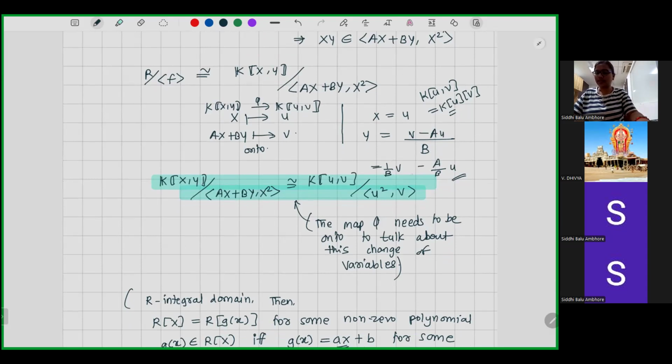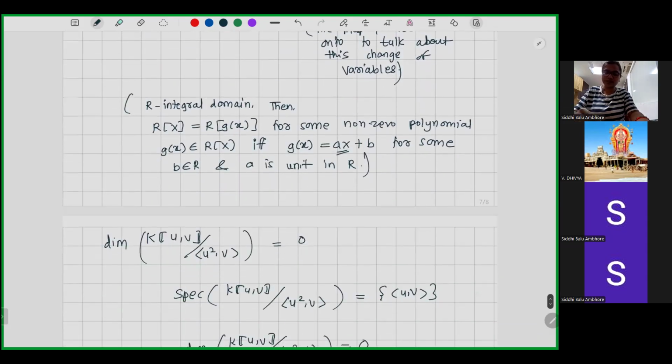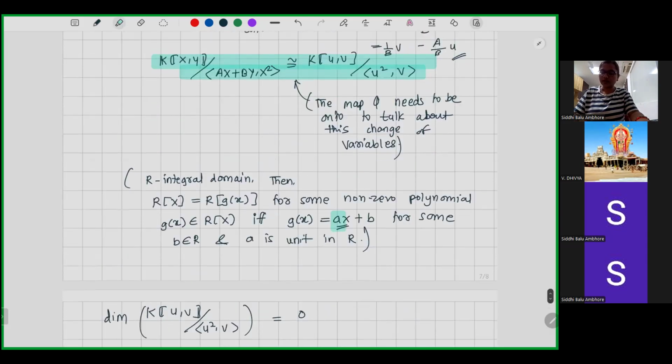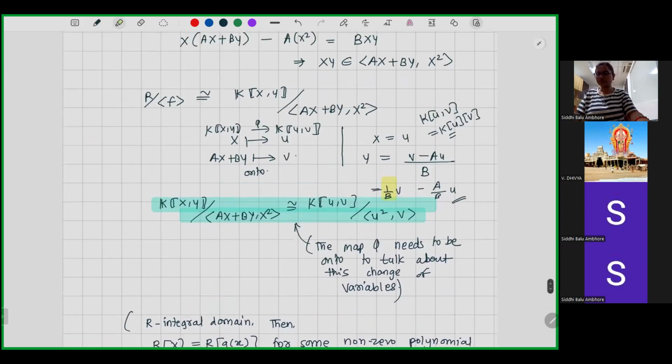Once I have this b non-zero, then only I can say that here this a needs to be a unit, and this non-zero-ness of b is giving me the onto-ness of this map. Otherwise we need not have this map onto.